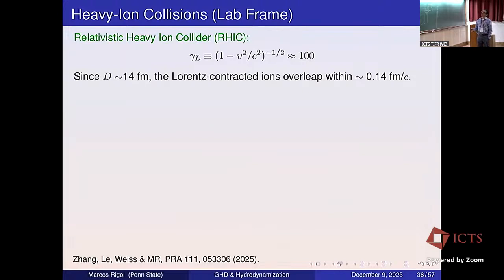So this is of the order of 100, and there was this question about that time scale. So the diameter of these nuclei is about 14 femtometers. So the time scale in which they overlap is 0.1 femtometer divided by c. Okay, so this is shorter than 1 femtometer by c. So that's something that happens after they overlap.